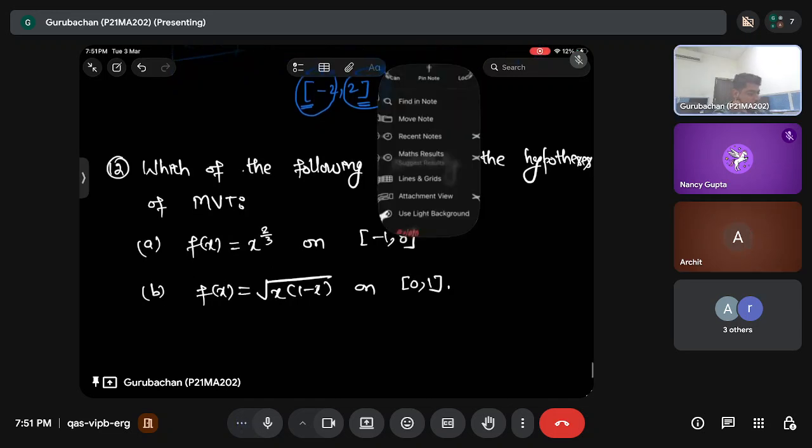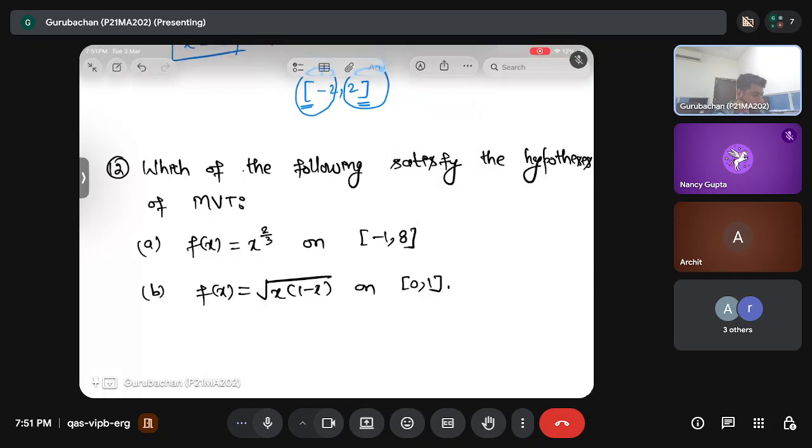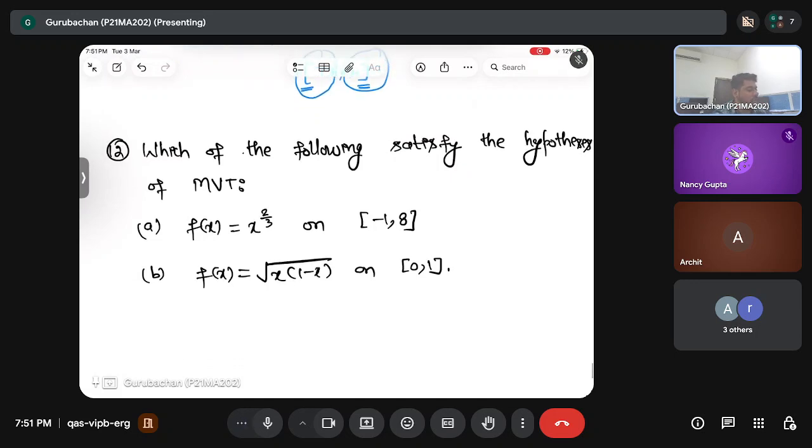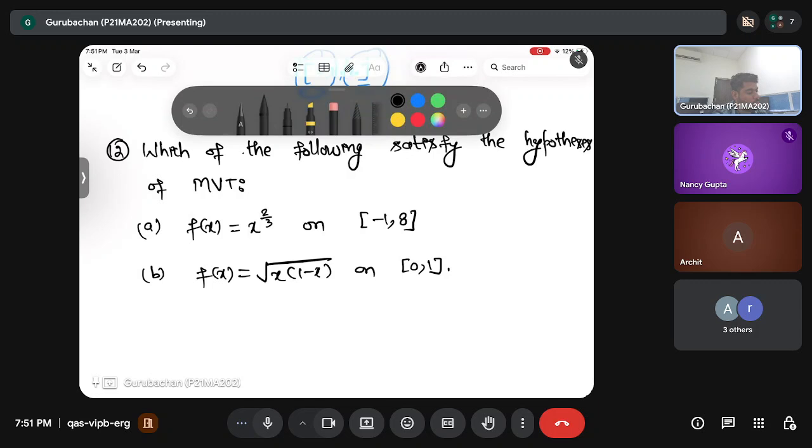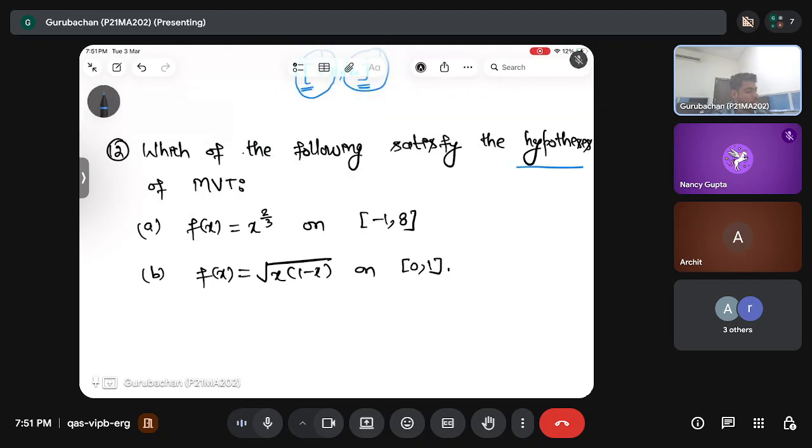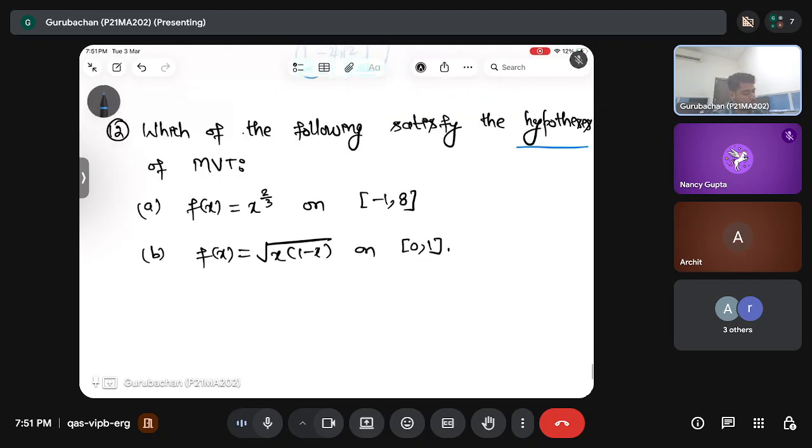Any other answers? Anyone other? Your answer is correct, but you need to think what are the hypotheses under which we talk about it.